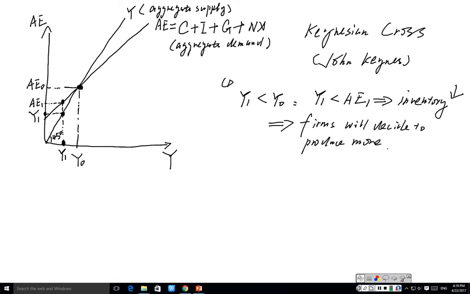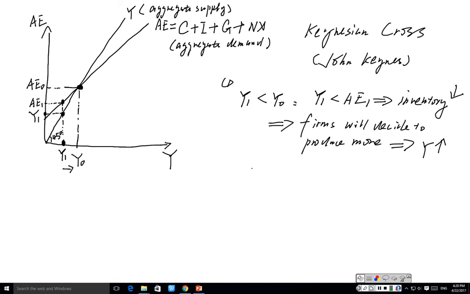If every firm in the society makes a similar decision to increase output, what happens to Y? You can say total GDP will increase. Yes, that's right. So at the point Y1, because of the low inventory level, firms decide to produce more, and Y1 will start to increase.